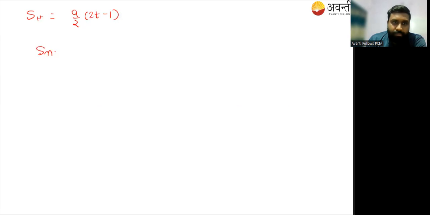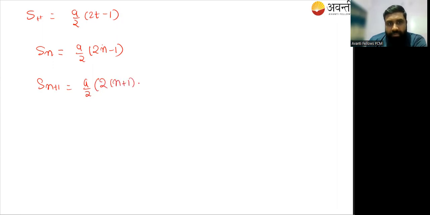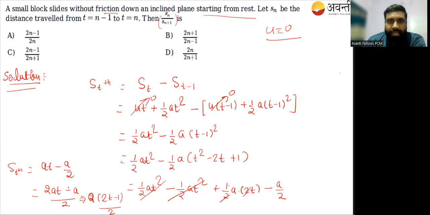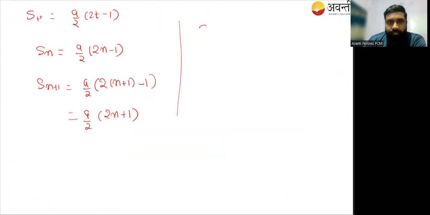Now for Sn, put t equals n: A by 2 into 2n minus, for n plus 1, A by 2 into 2 times n plus 1 minus 1. So it will become A by 2 into 2n plus 1. Now what is the ratio Sn over Sn plus 1?